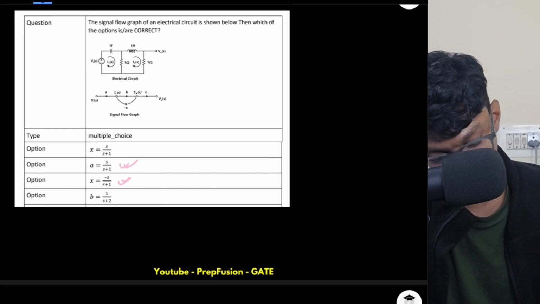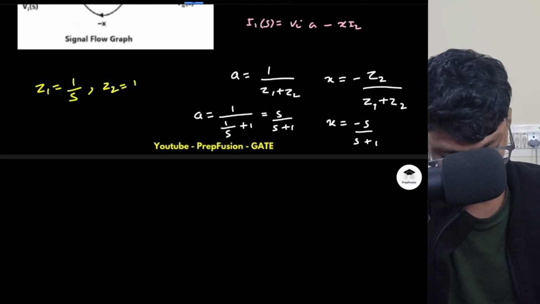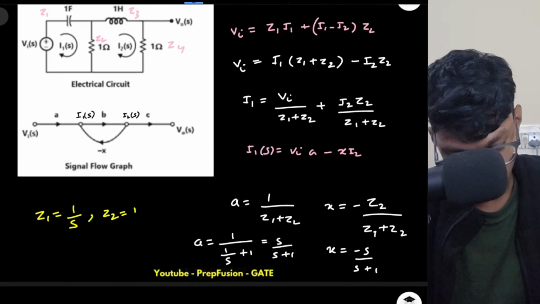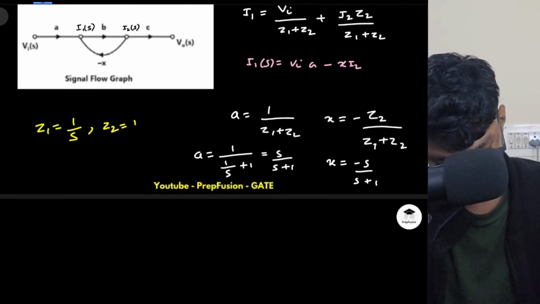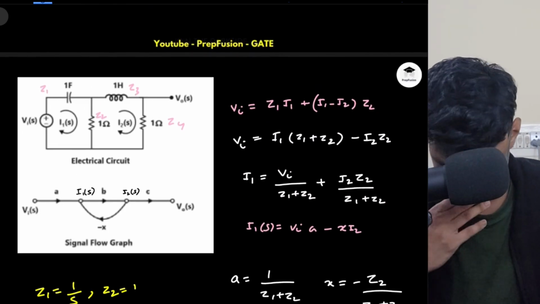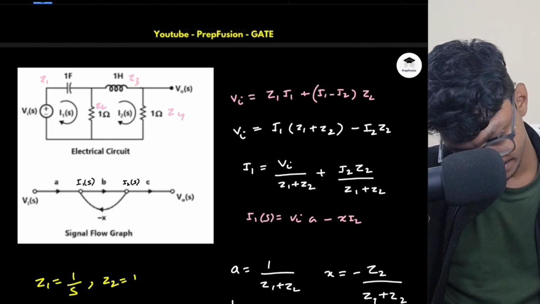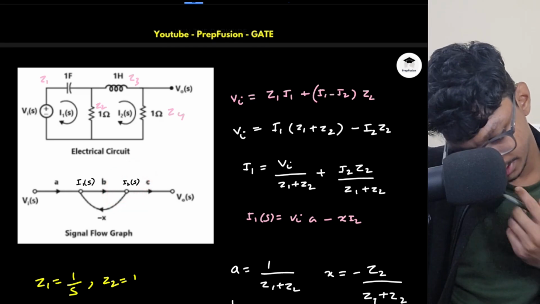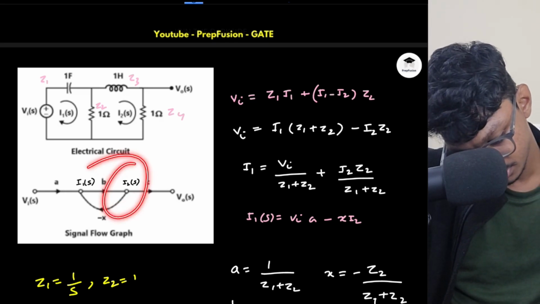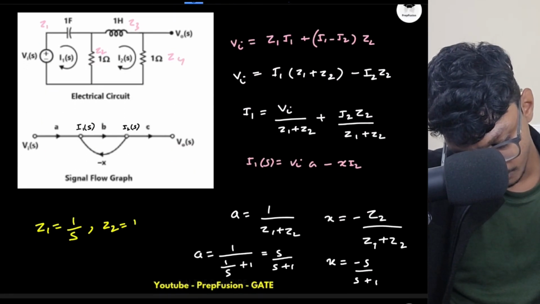Now I have to check for the other KVL, the right hand side KVL. If I apply the right hand side KVL, I will get another equation. So I2, I can write in terms of VO, but I don't need to write in terms of VO. Can I directly write here? Yes, I can directly write here, because they are only asking me about B. They are not asking me about C. So I will write only this equation.